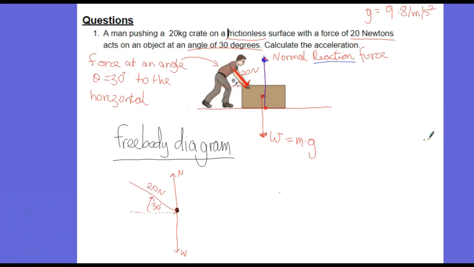Now, if I'm trying to find the net force, okay, what I want to be able to do is think about all the forces that are acting in the same direction, the same straight line direction. So that's what I have to ask myself. What are the sizes of the forces in the same straight line direction?